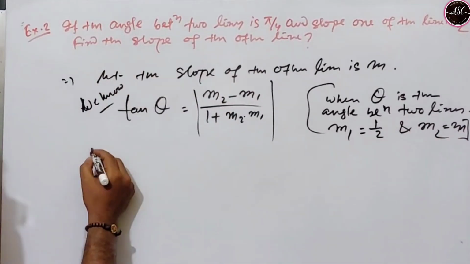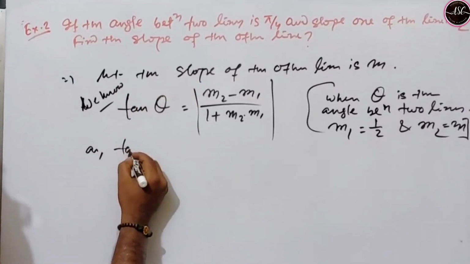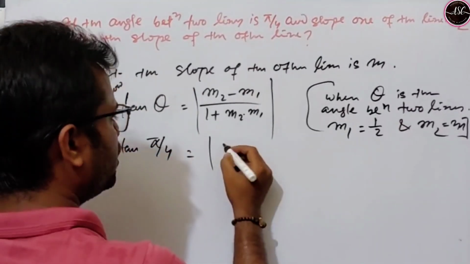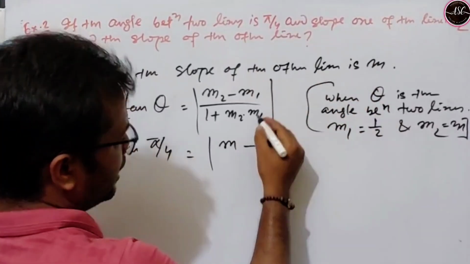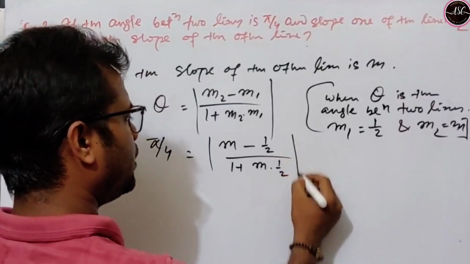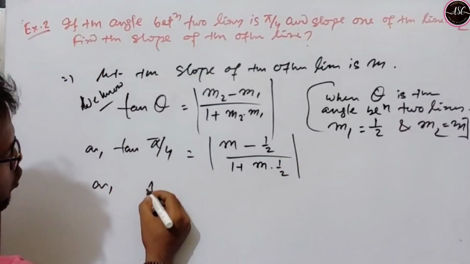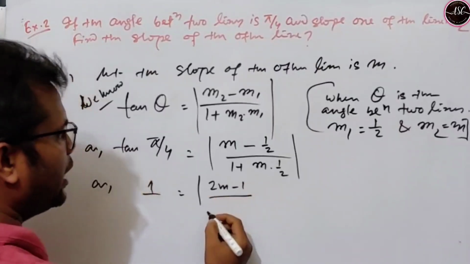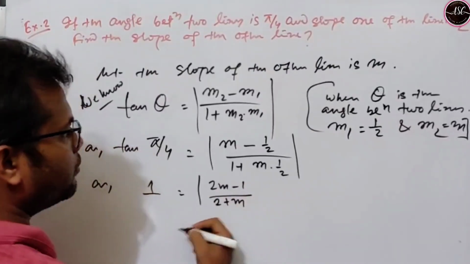Just put the values. We get tan pi by 4, since theta equals pi by 4, equal to mod of (m minus half) divided by (1 plus m into half). Tan pi by 4 equals 1, and this is mod of (2m minus 1) divided by (2 plus m).